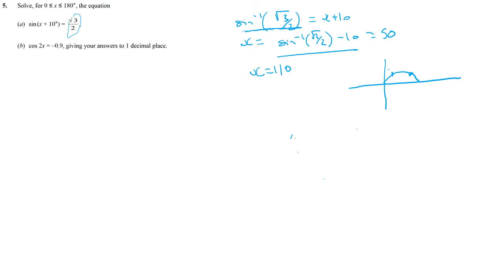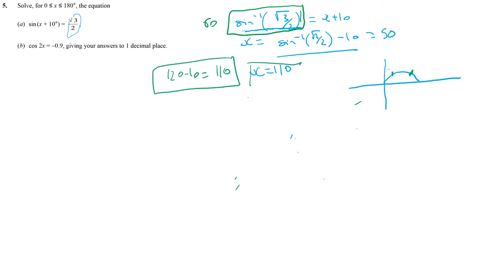So if we do sine of this part only, it will give us 60. So the 60 is there, so if we do 180 minus 60 is 120, minus 10 will give me 110. That's why I have 110 here.